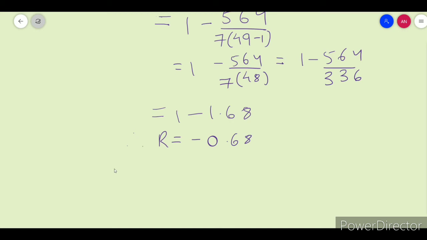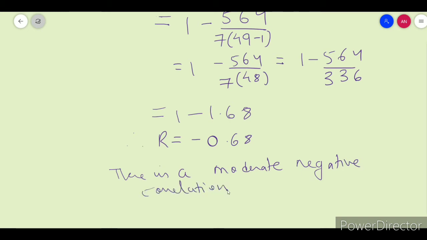So we can say that there is a moderate or medium negative correlation between the two subjects, or the rankings of students in the two subjects.